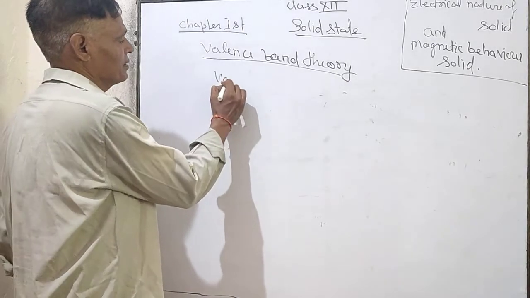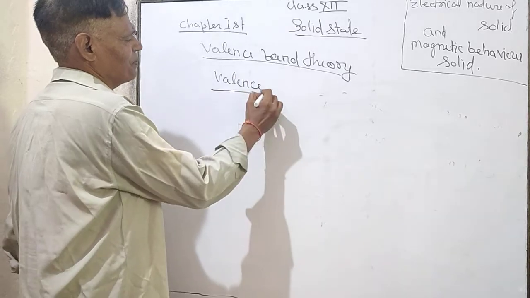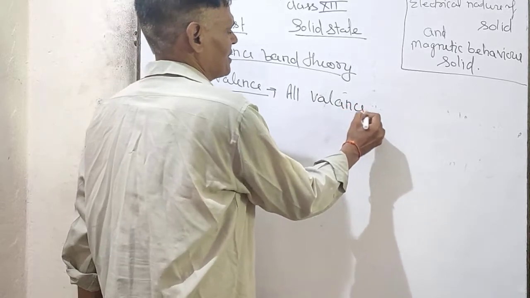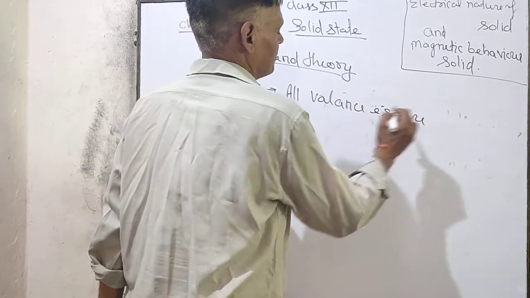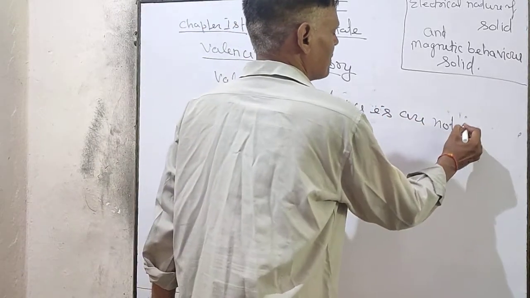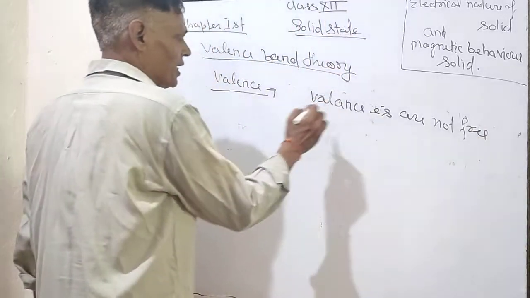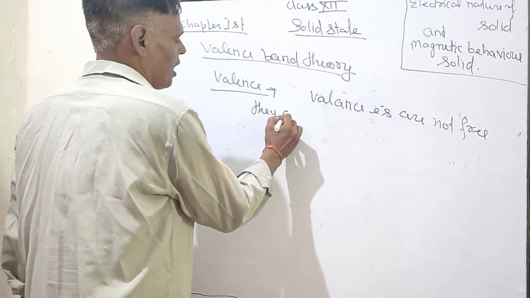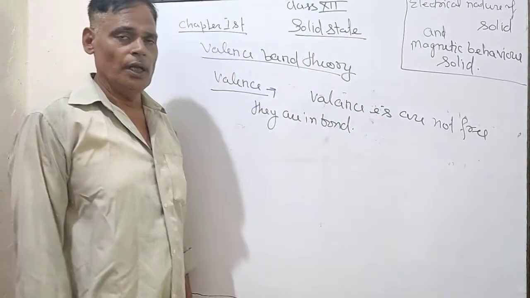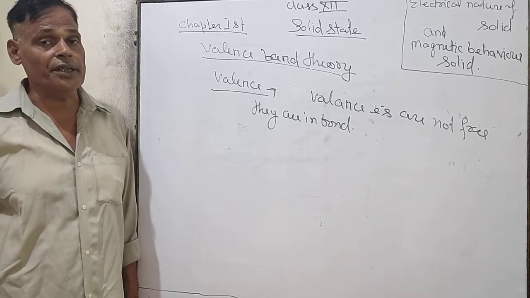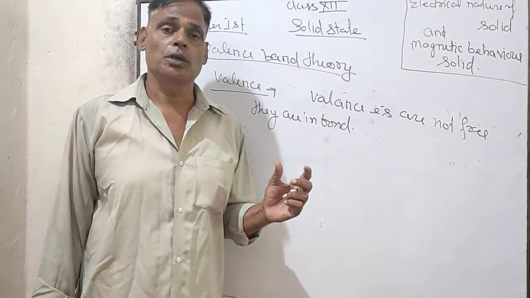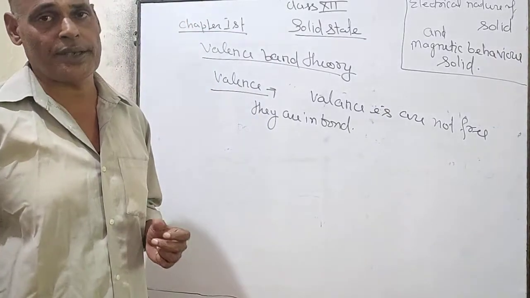Here one thing should be understood very clearly. What is valence? Valence electrons are not free. They are in bond. As they are in bond, they are not free. So no metal can conduct electricity without providing electrical potential.